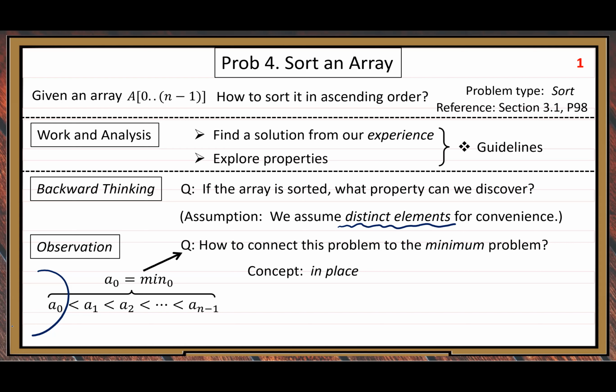Although that 1 function call is not a big deal, here we want to do our analysis accurately. So that's the answer. We apply it N minus 1 times. Then we can put all elements in place. That means we get a whole array sorted.